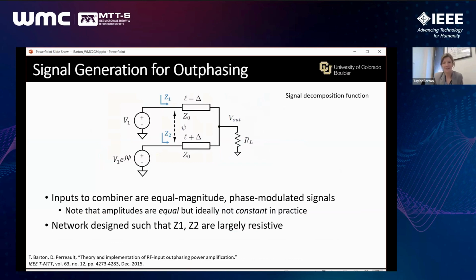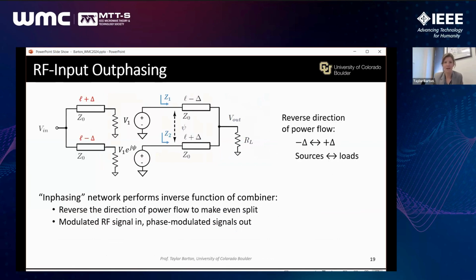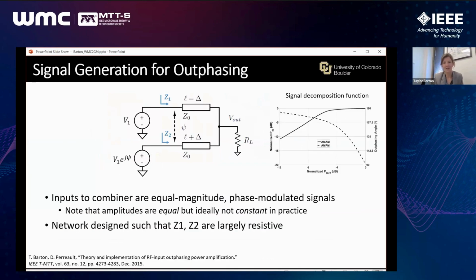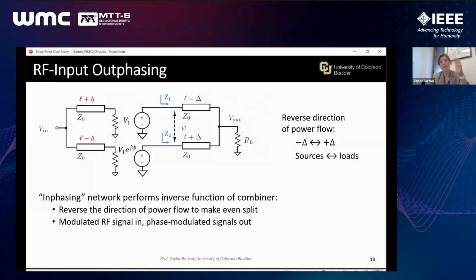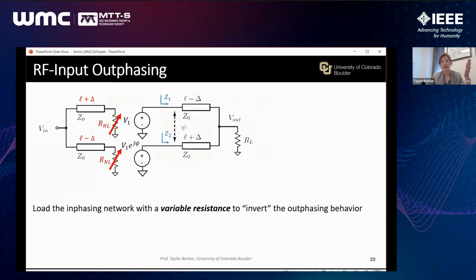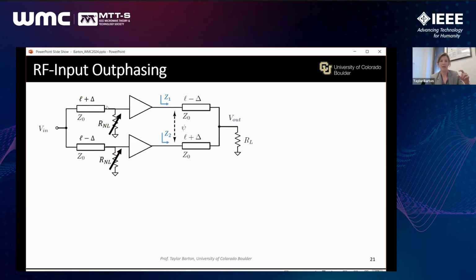And so we developed a technique to create those input signals in the circuit domain. There's a paper on it that I'm citing here, but essentially we apply the concept of time reversal duality to the combiner. I say, what if we flip the combiner around backwards, and we load it with something? If we load it with a nonlinear resistor that changes as a function of power, then that same phase will appear at the output of this in-phasing network that I needed for the same resistances at the outphasing network.